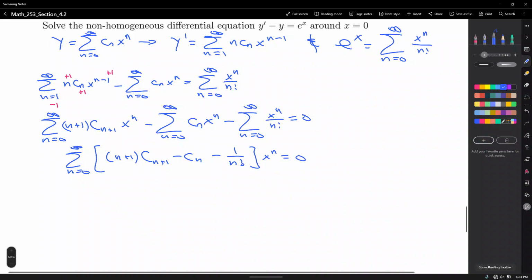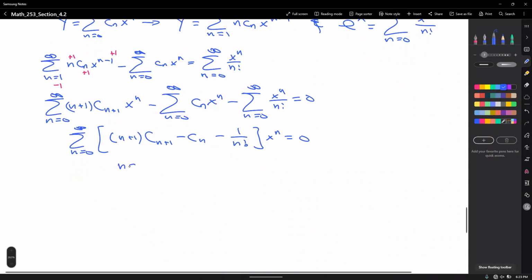All right, starting index at 0, just set the expression equal to 0: (n plus 1) c sub n plus 1 minus c sub n minus 1 over n factorial equals 0. And again, we're going to solve for the c having the largest subscript, in this case c sub n plus 1.